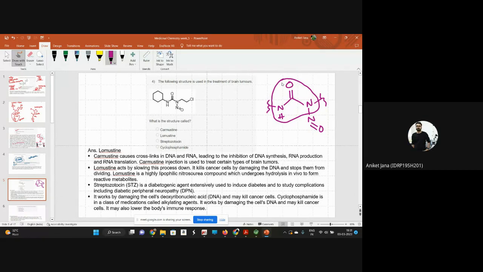It is a derivative of urea, and a nitroso group is also there. So we will call it nitrosourea, right? Yes, sir. Okay. So now we have to say what kind of structure this is.